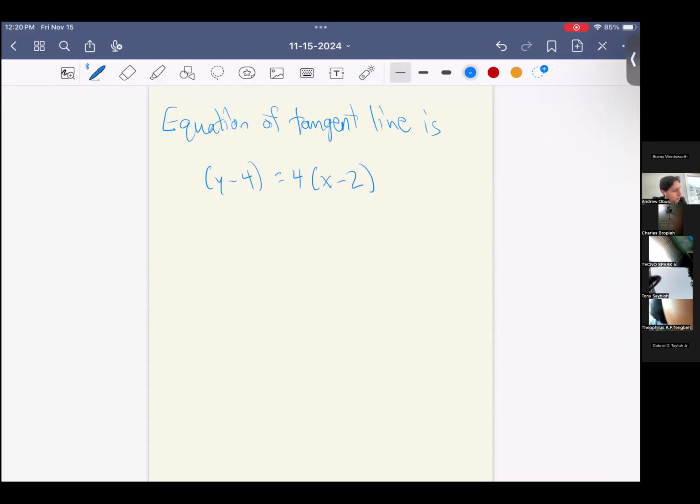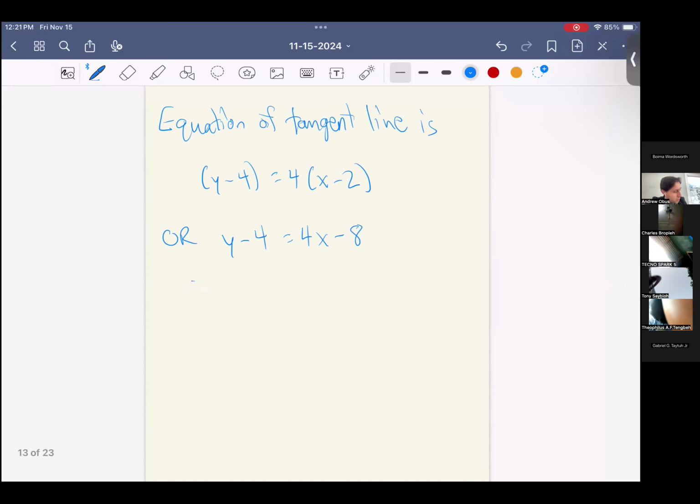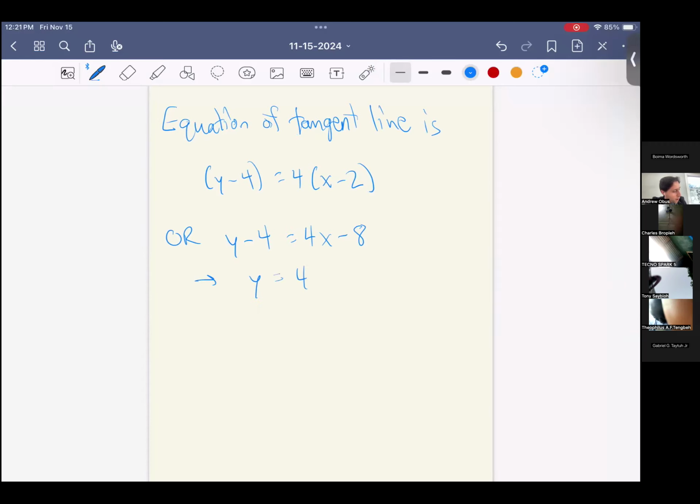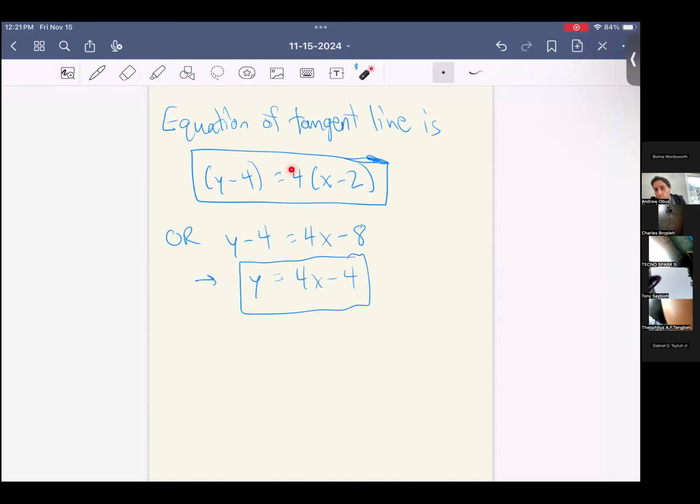That's the point slope form. Or we have y minus 4 equals 4x minus 8, which is the same thing as y equals 4x minus 4. So we could write it in either of these ways as the equation of the tangent line. But the point is, the hard part completely is figuring out the slope. Once you know the slope, then writing down the equation of the line is easy because you have 1 point.